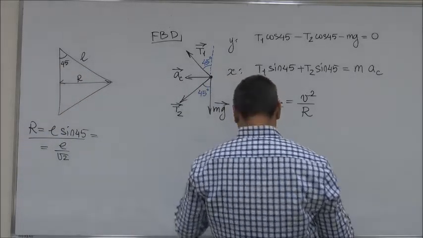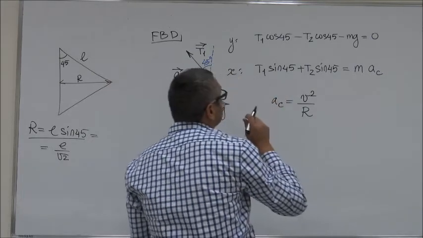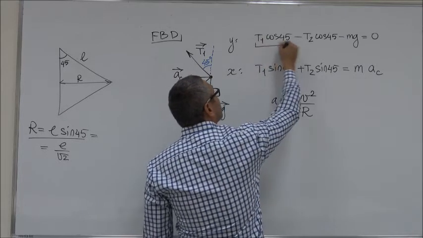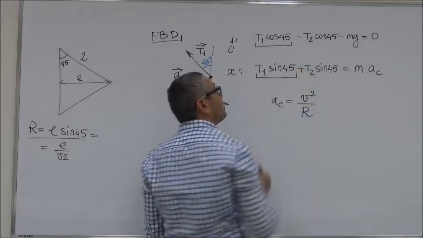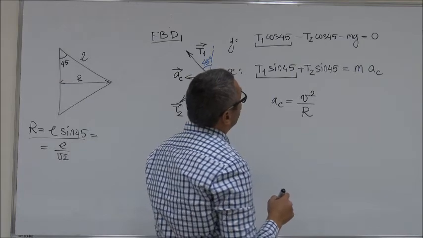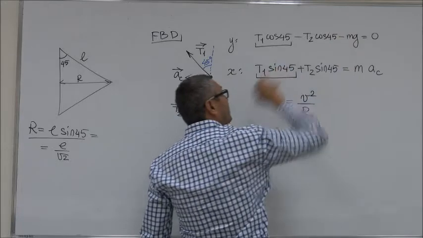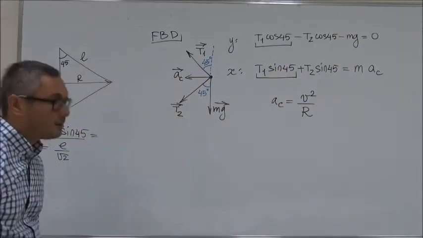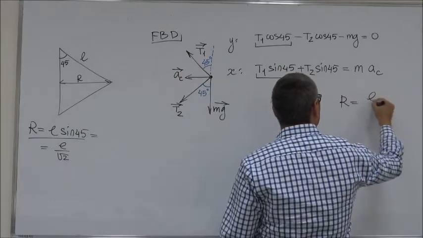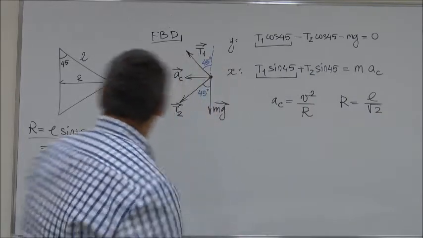So let's first notice that sine and cosine of 45 are the same. So this thing is equal to this thing, because sine 45 and cosine 45 are both 1 over square root 2. So I can take this thing from the first equation and plug it in here. So R is equal to L over square root 2. We will need it.